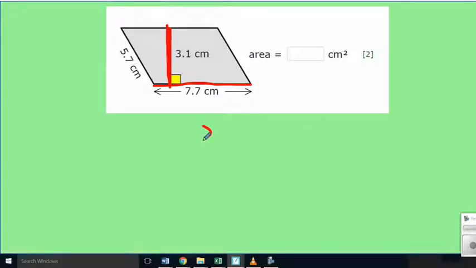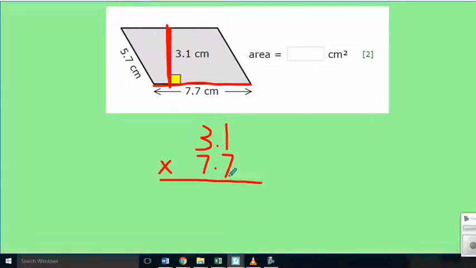You have to just bear with me, I'm slow with my pen on here. 3.1 times by 7.7. Okay, so we're going to ignore the decimal points for now. We're just going to imagine they're not there.